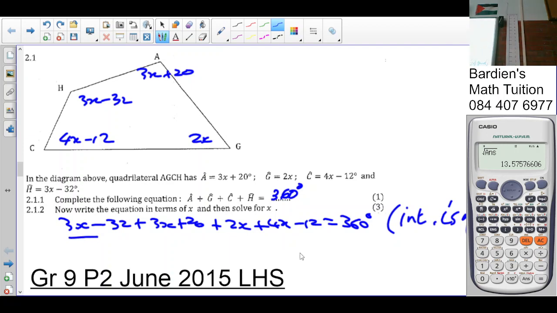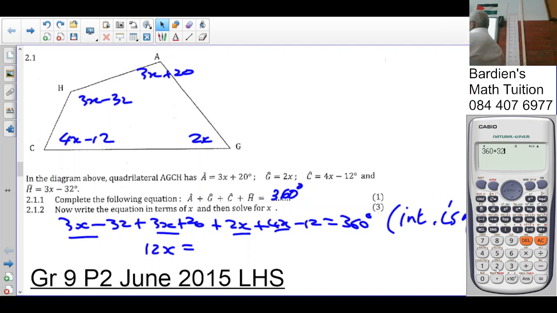So it's going to be 3x, 6x, 8x, 12x. So it's 360 plus 32 minus 20 plus 12. That gives us 184.